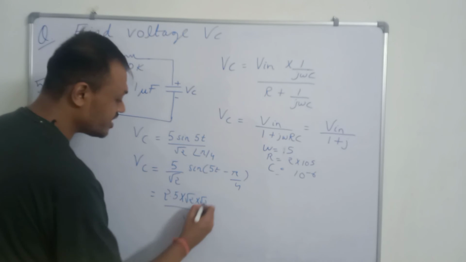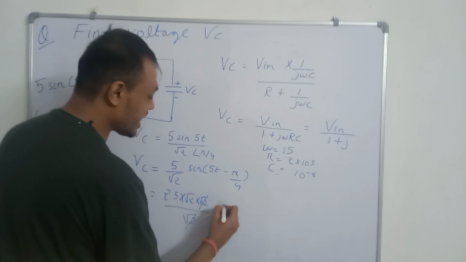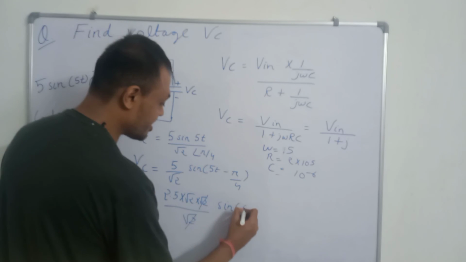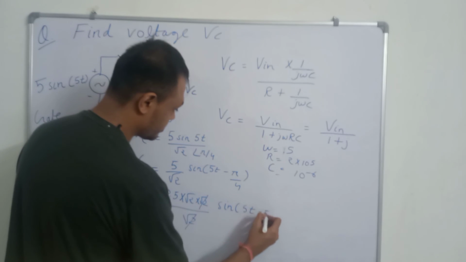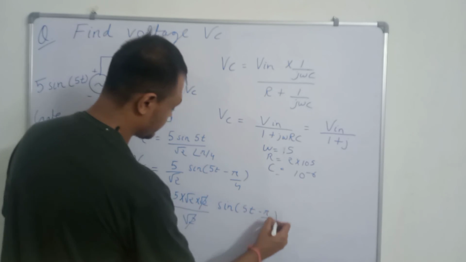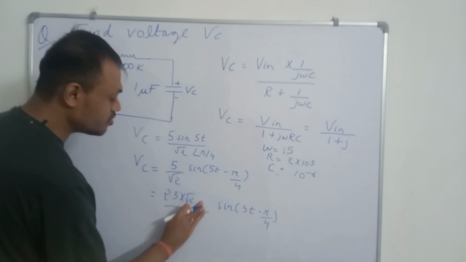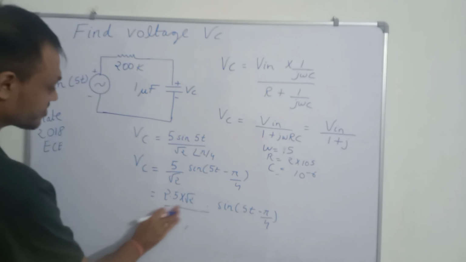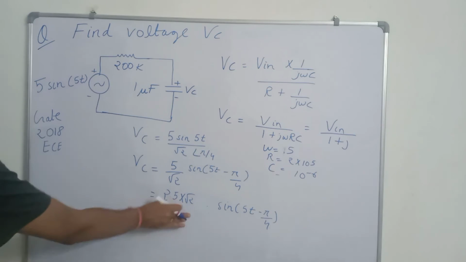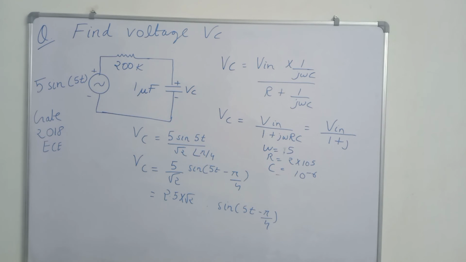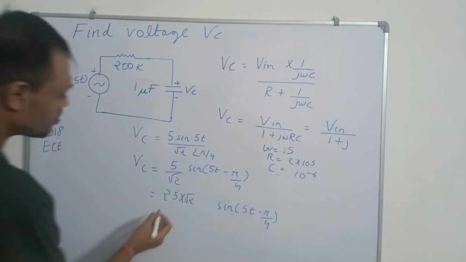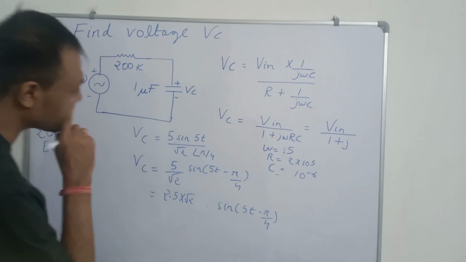So one root 2 will get cancelled. So sine of 5t minus pi by 4. So it will be equal to 2.5 root 2 sine of 5t minus pi by 4. So the correct answer is 2.5 into under root 2 sine of 5t minus pi by 4.